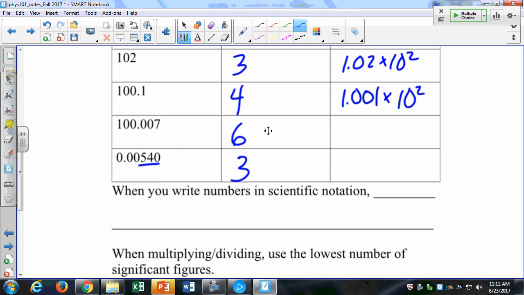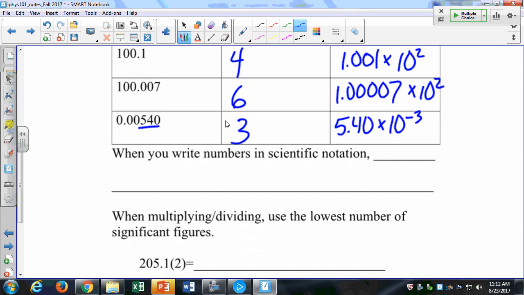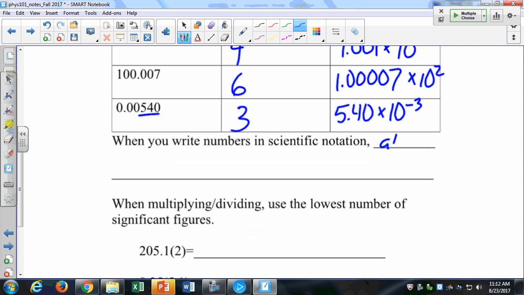Times 10 to the 2. 1.00007. And then this is 5.40 times 10 to the minus 3. Sorry guys, I'm still trying to get the sound system set up here. When you write numbers in scientific notation, all of the digits are significant.